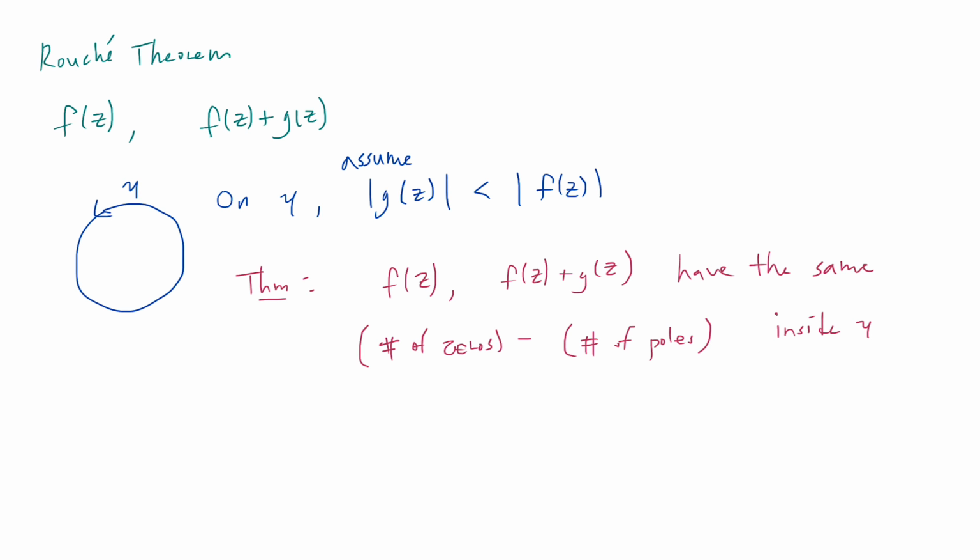So if everything is holomorphic, for example, then adding this g of z that is quite small on the boundary with respect to f of z cannot perturb the number of zeros. The number of zeros stays the same inside gamma. And I'm fairly sure this is from Needham. I think a beautiful heuristic here is when you can imagine something like this.